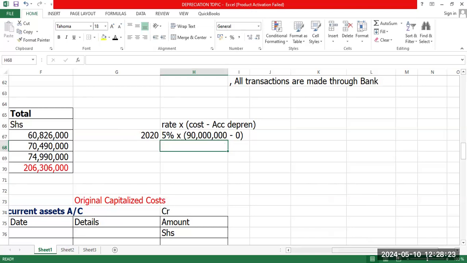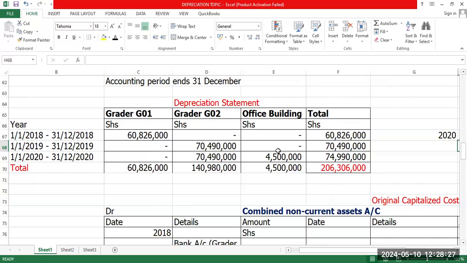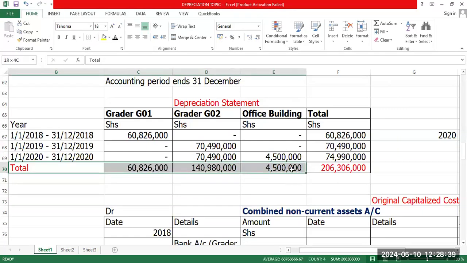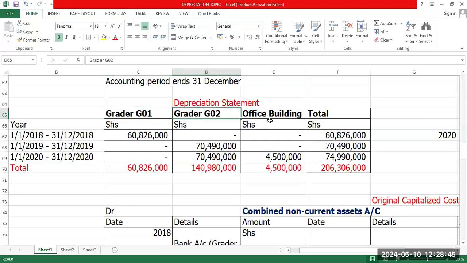But if you're doing that for 2021, it means you will be having some portion of accumulated depreciation, because we add the previous depreciations, all of them, to get accumulated depreciation. But don't be confused here. Our aim was to get totals: total for grade 1, total for grade 2, total for office equipment.